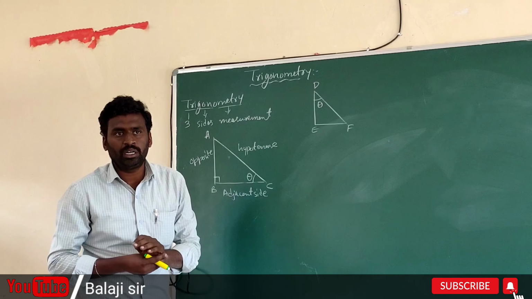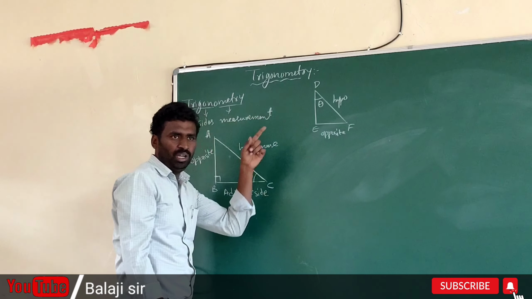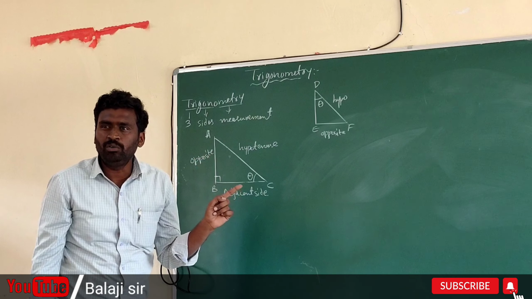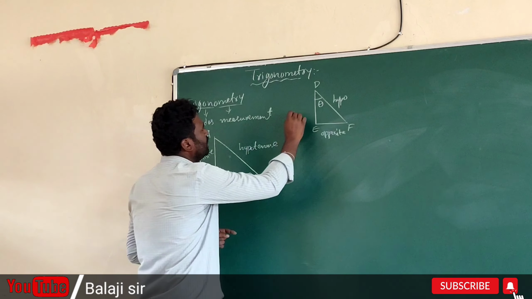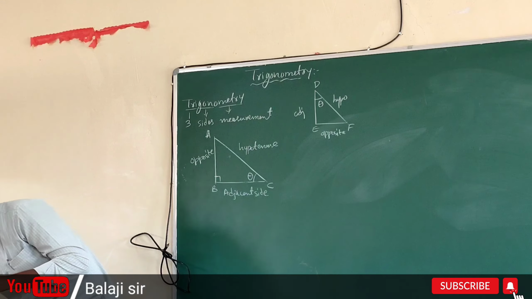Whether it is the Pythagoras theorem or trigonometric ratios, the hypotenuse is the hypotenuse. Yes or no? Yes, sir. And who is left now? This is nothing but the adjacent. Okay, now you are clear how the names of the sides change with respect to theta. Right?